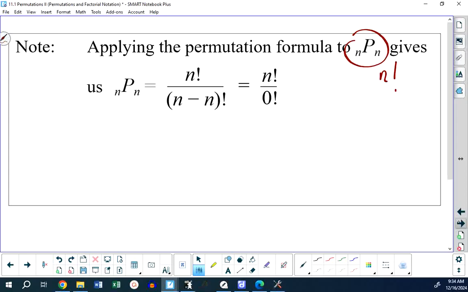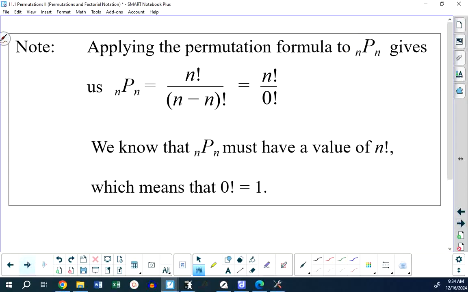We know that has to be n factorial. But according to the formula, the top of this is n factorial, the bottom is n minus n factorial, and you're left with this statement, that this answer is supposed to be equal to n factorial over 0 factorial. Well, how on earth can this give us n factorial? The only way it can happen is if 0 factorial is 1.